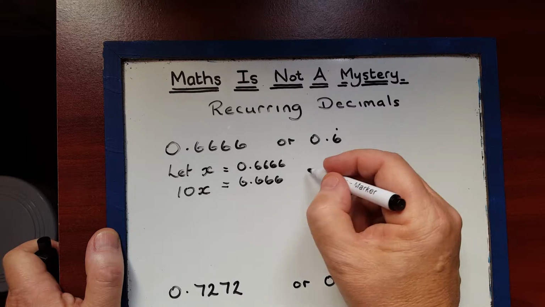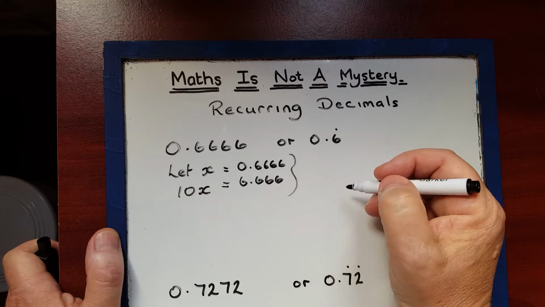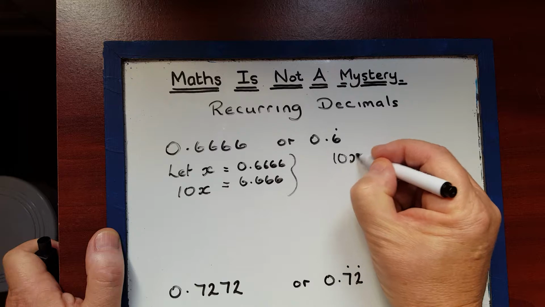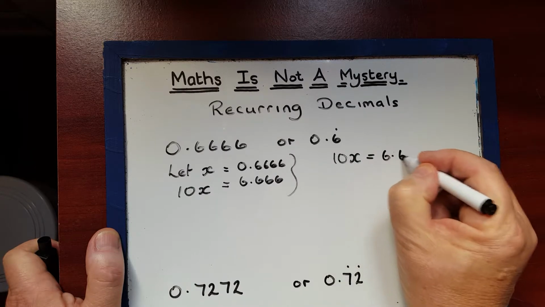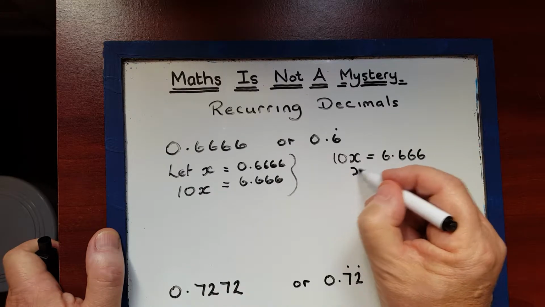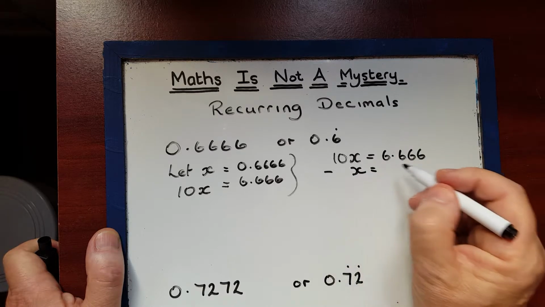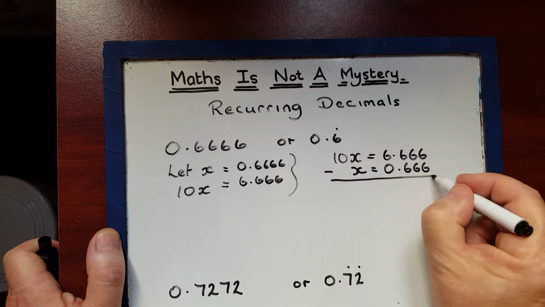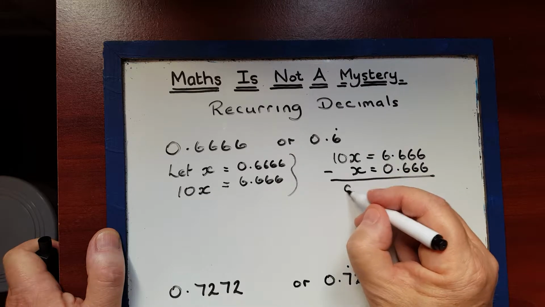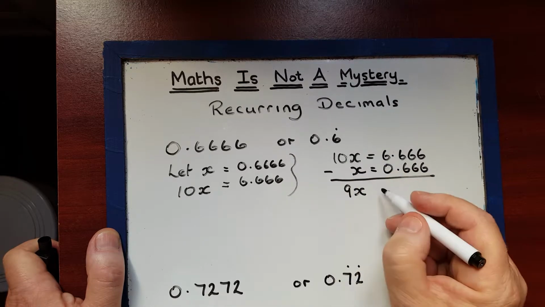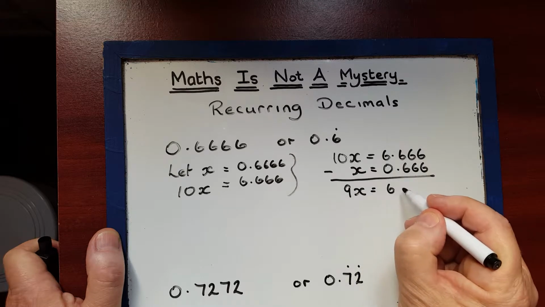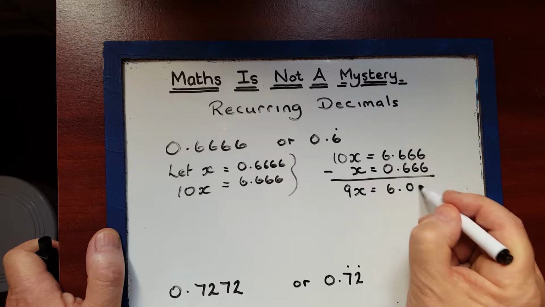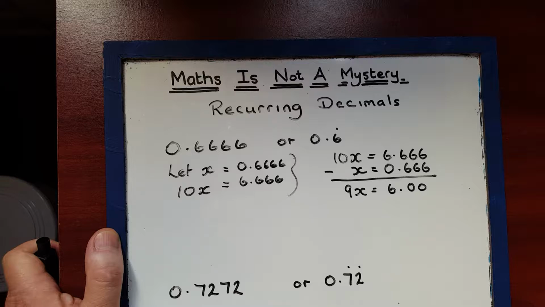And what we do then is we take our 10x, which is 6.666, and we subtract our 1x, which was 0.666, and the answer leaves us with 9x. 10x take away x leaves us with 6.0, doesn't it? Because all those other 6s disappear.